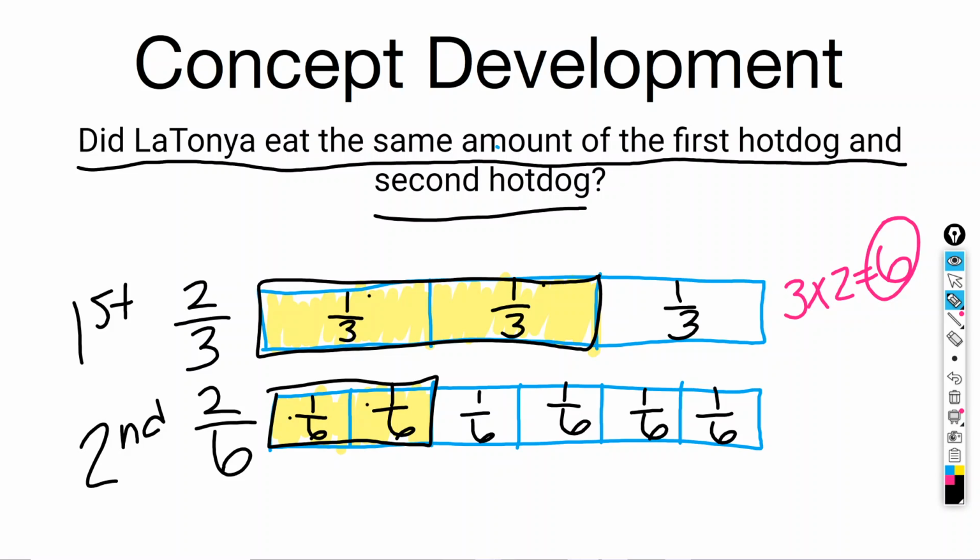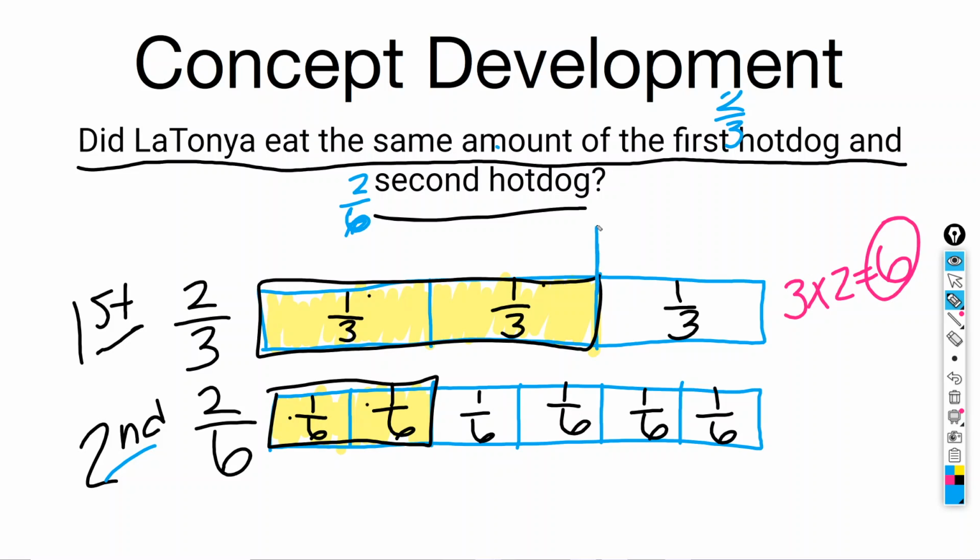So remember, over here we said the first hot dog is 2/3. The second hot dog is 2/6. So did she eat the same amount of both the hot dogs?